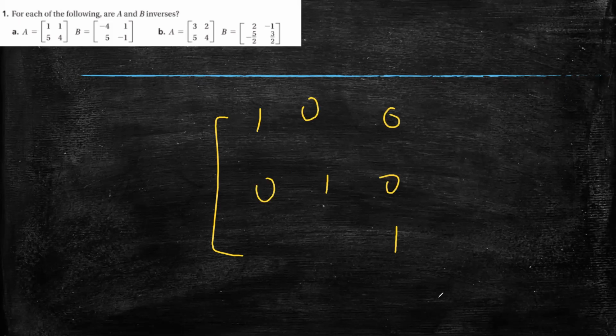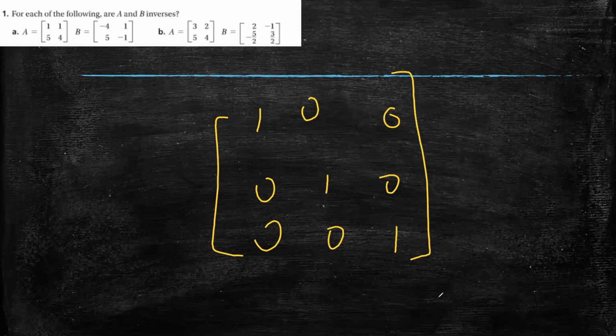Teacher, is 0, 1 and 1, 0 an identity matrix? No, it must be 1, 0, 0, 1. What about the other one? There are two identities, 1, 0, 0, 1 and the longer one. This is a 3 by 3, the dimension.